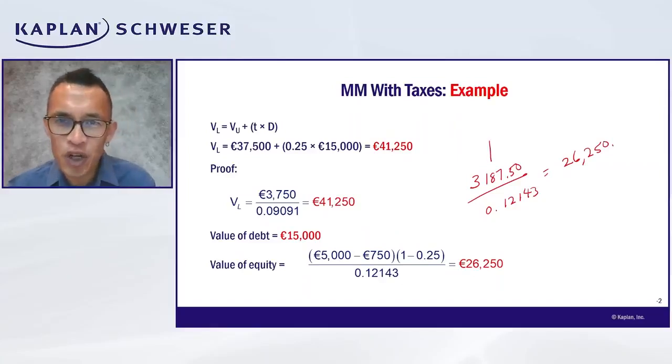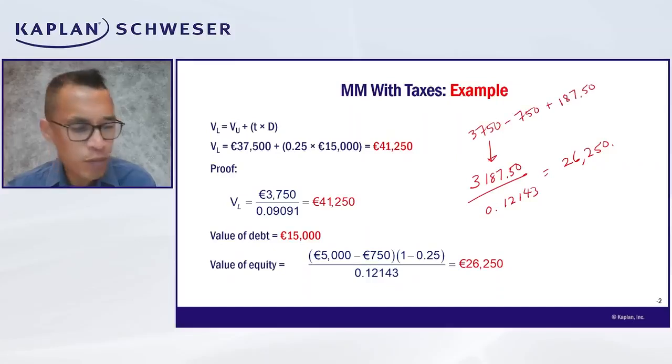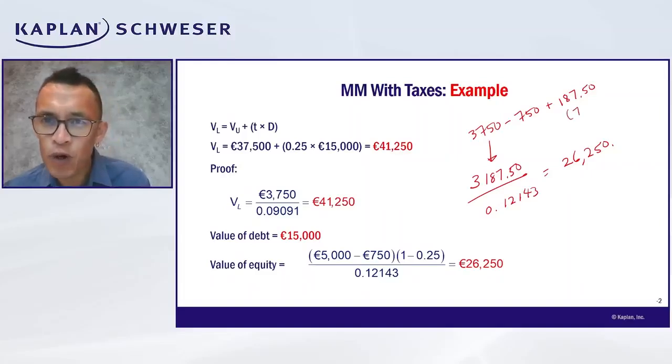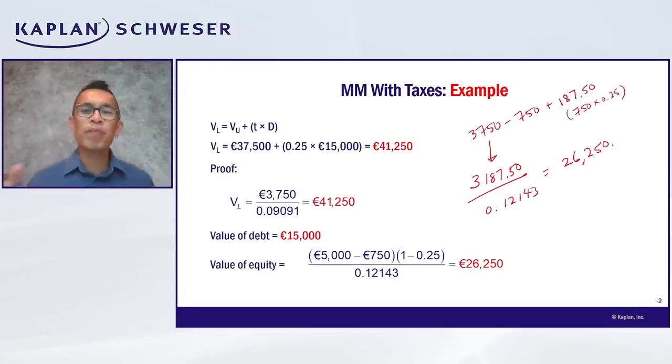So just to point that out, that is 3750 minus 750 plus 187.50. Okay, and that 187.50, of course, is 750 times 0.25. Okay.